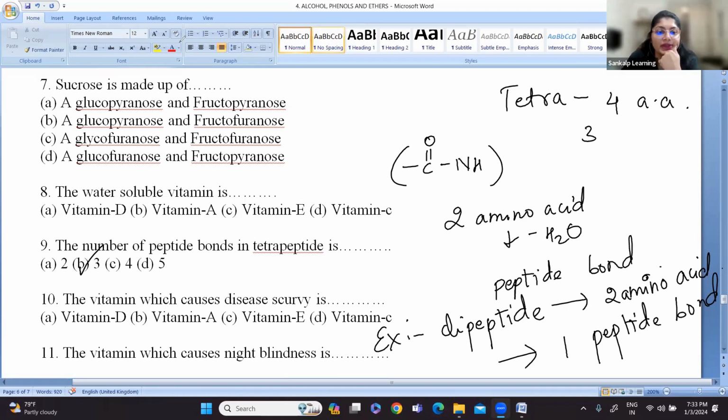A, vitamin D, B, vitamin A, C, vitamin E, and D, vitamin C. Yes, students. So which is the vitamin which causes scurvy? Netravati, Swati, Priyanka, Vedvati have answered it as D.